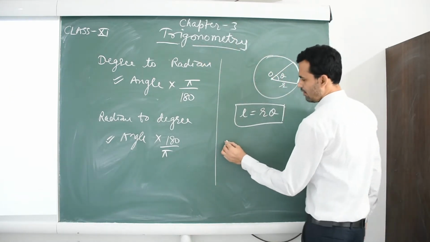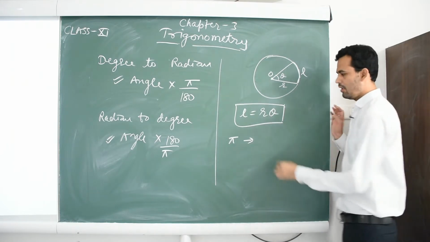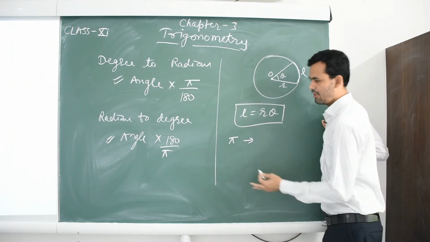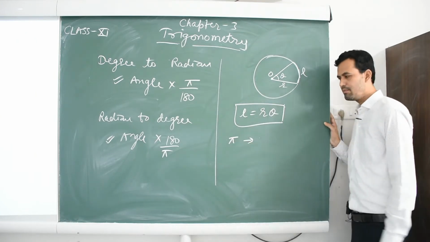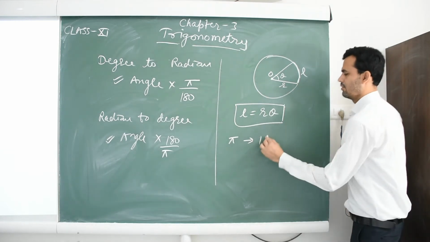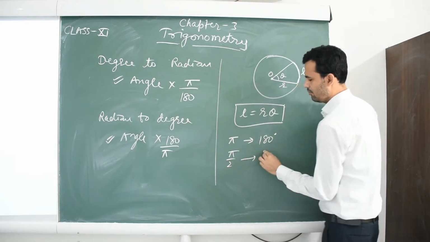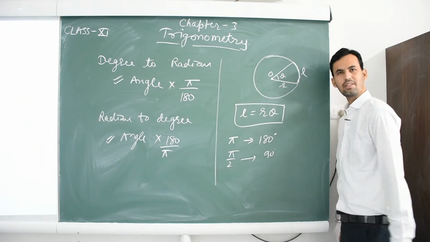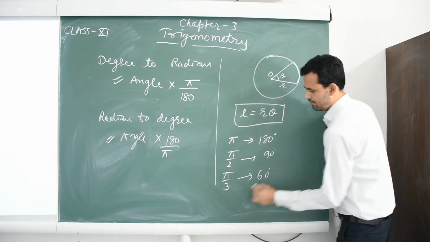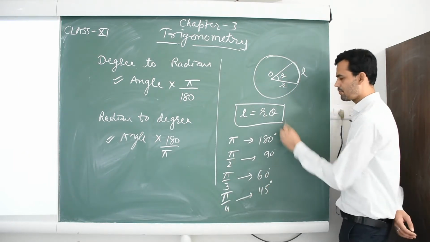Also, the measurement of angle pi. Here pi does not mean 22 upon 7. Sometimes we write pi as 22 by 7, but the value of pi in degrees is 180 degrees. Pi by 2 means half of 180, it means 90. Pi by 3 means 60 degrees. Pi by 4 is 45 degrees.